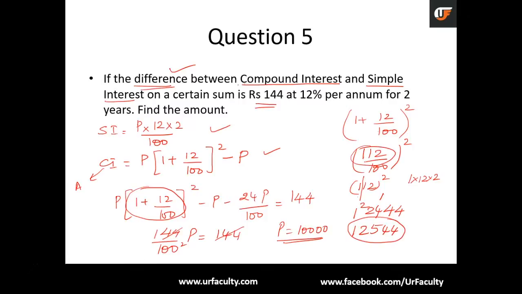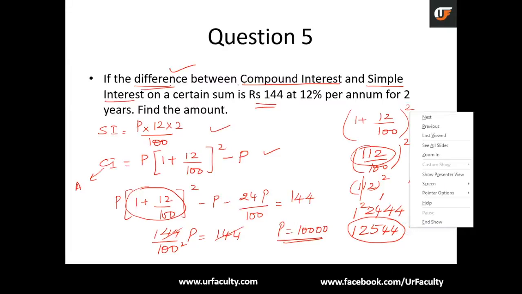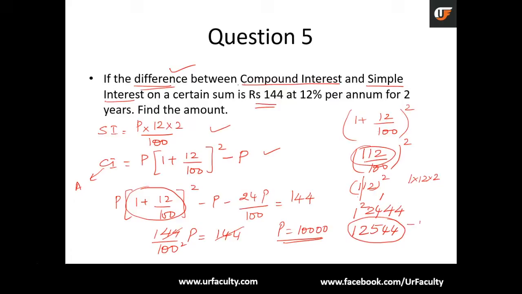You'll be able to subtract all the numbers, and you will see 1, 2, 5, 4, 4 minus 1, 2, 4, 0, 0, based on which you will get 144 as the number, which is what you see here. And 144 by 100 square P is equal to 144, and hence you get the answer as this.